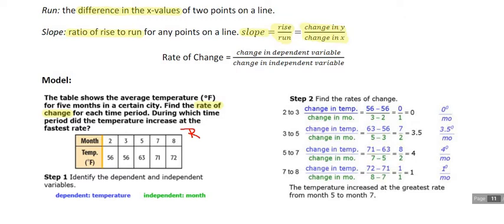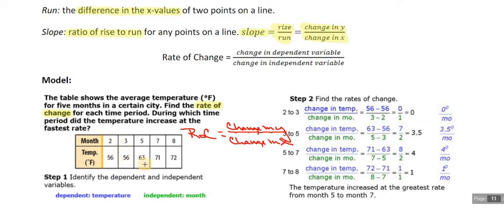Sometimes I refer to rate of change as ROC equals change in y over change in x.